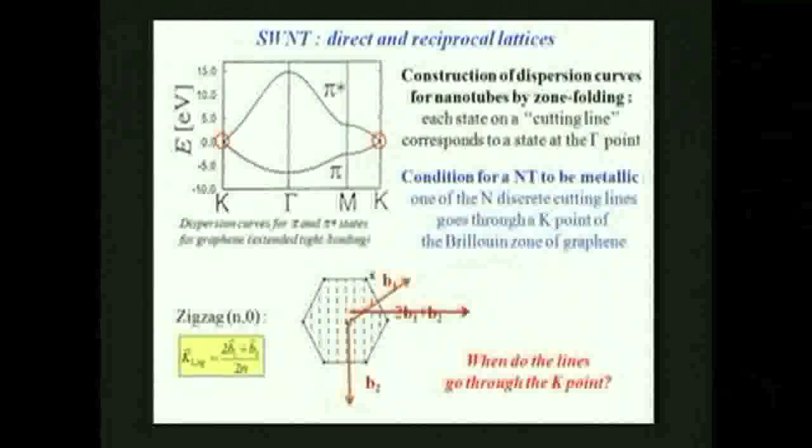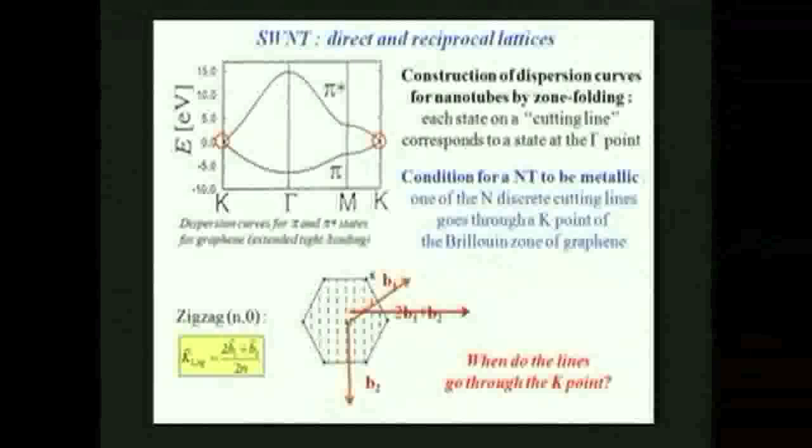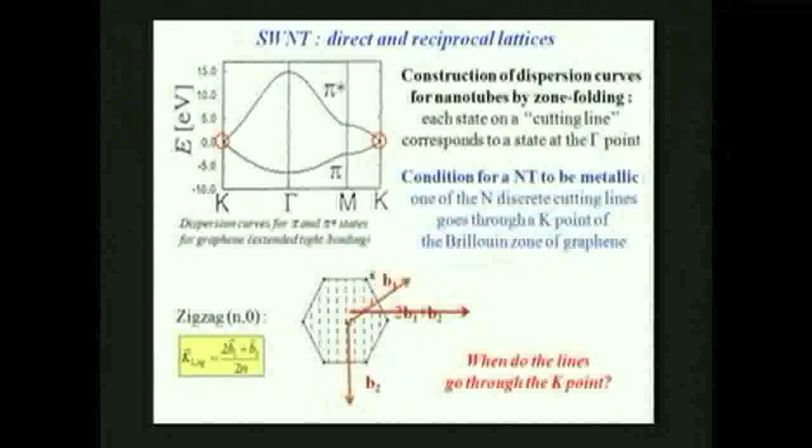Now it's 2b1 plus b2. So 2b1 plus b2 is 3/2 of the Brillouin zone. This length is b1 plus b2. So 2b1 plus b2 is 3/2 of this.